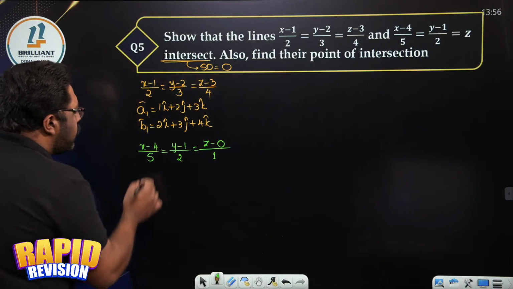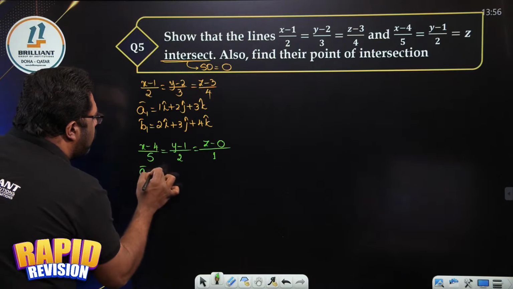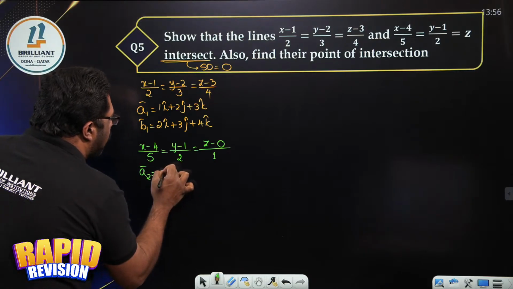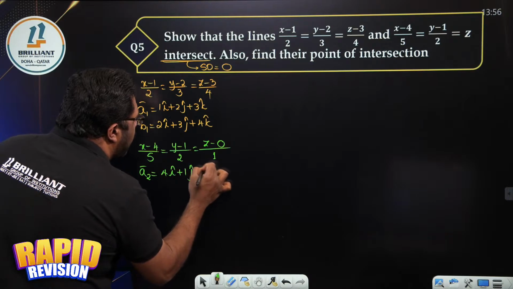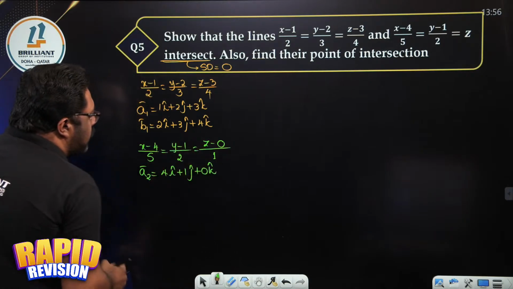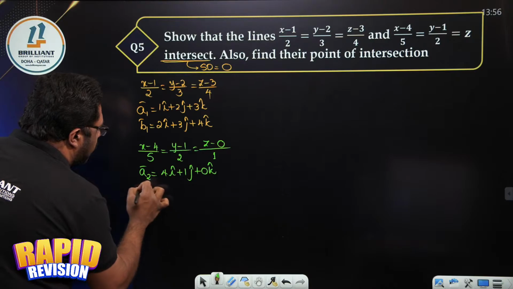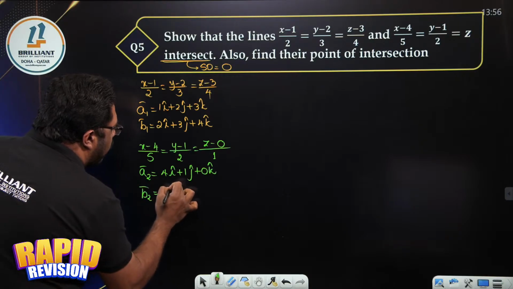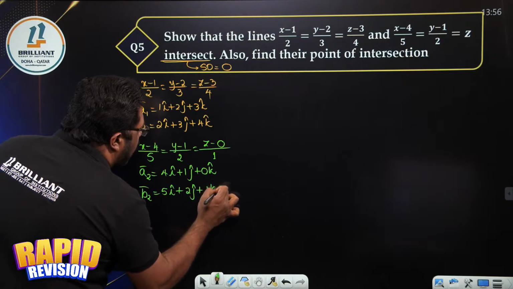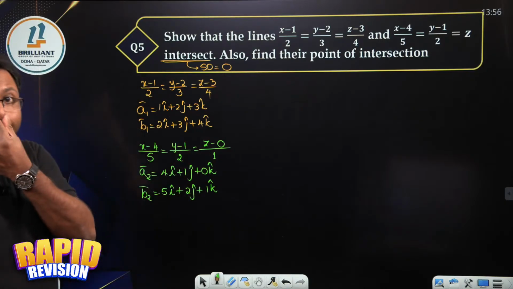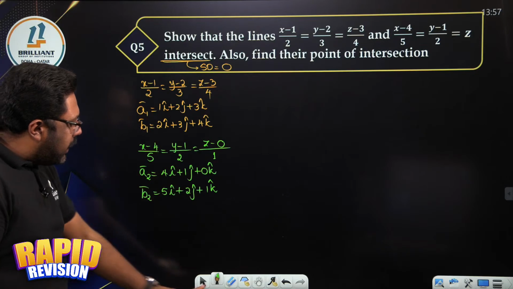Okay, fine. So here, what's my a2 vector? 4i plus 1j plus 0k. b2 vector, 5i plus 2j plus 1k. So I got the vectors correctly.